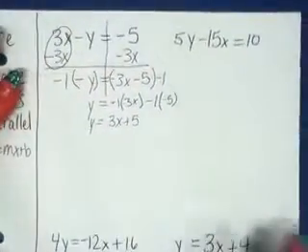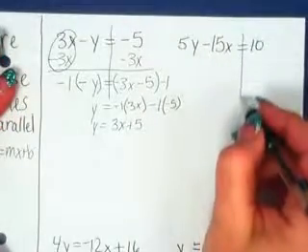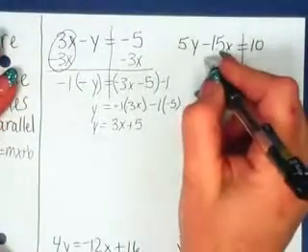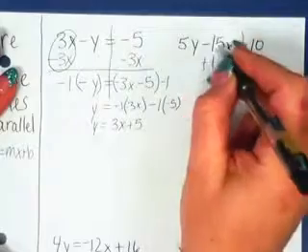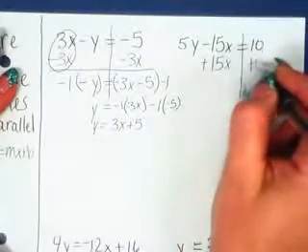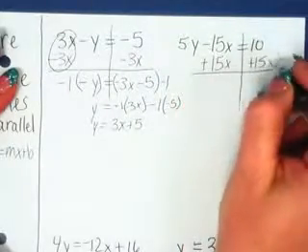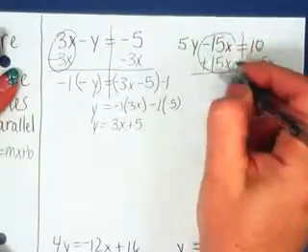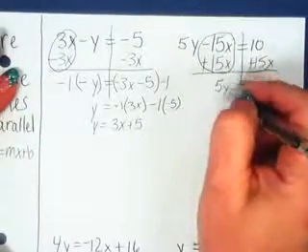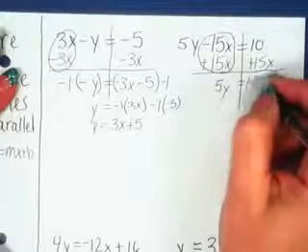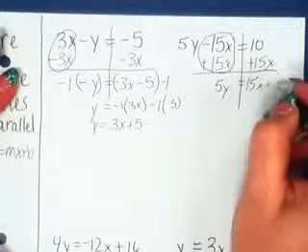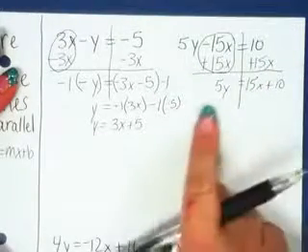Let's go ahead and get this one in that same form. Let's first move the x over. It's a negative 15x, so we add 15x to both sides. This gives me that 0 I was hoping for. 5y equals 15x plus 10. Now we want to get rid of that 5.